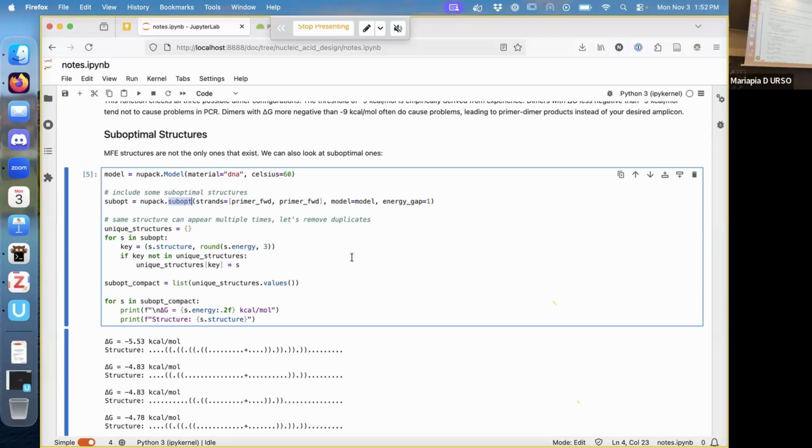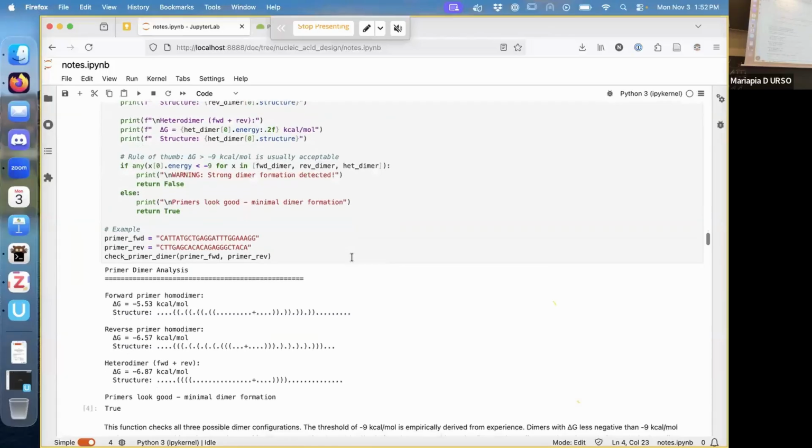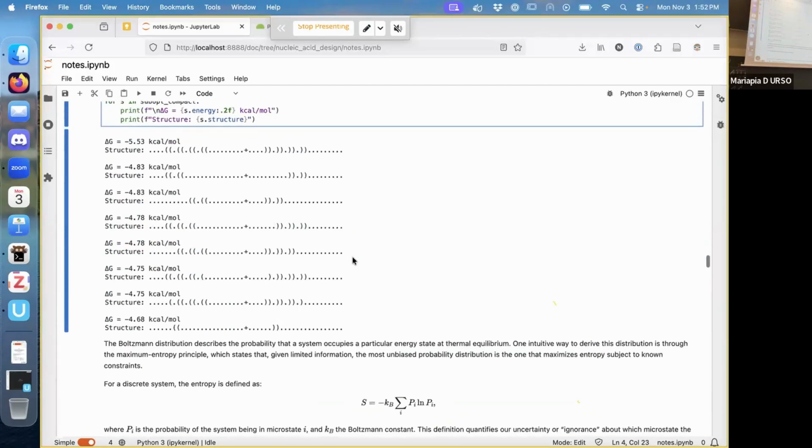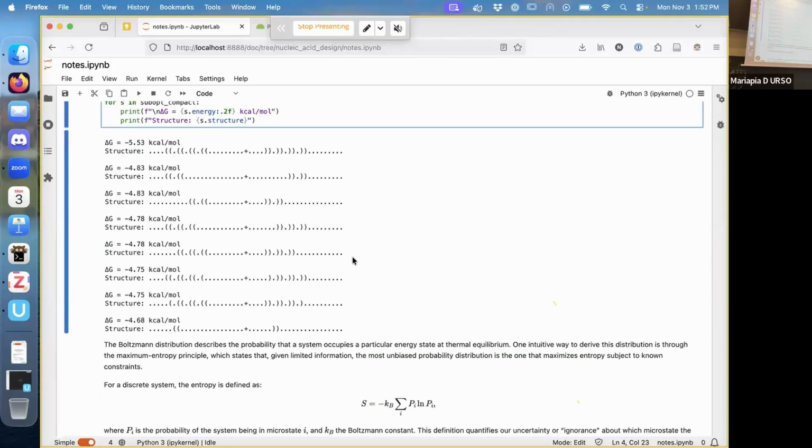If we just go up again, we see that the optimal forward primer homodimer was this -5.53, I think. And now we're looking at exactly that, but we look at a bit more. So here we take the structure that we already have, but then with higher, non-minimum free energies, we see different structures appearing. And it totally does happen. Just because this has a bit higher energy doesn't mean that this doesn't happen at all.